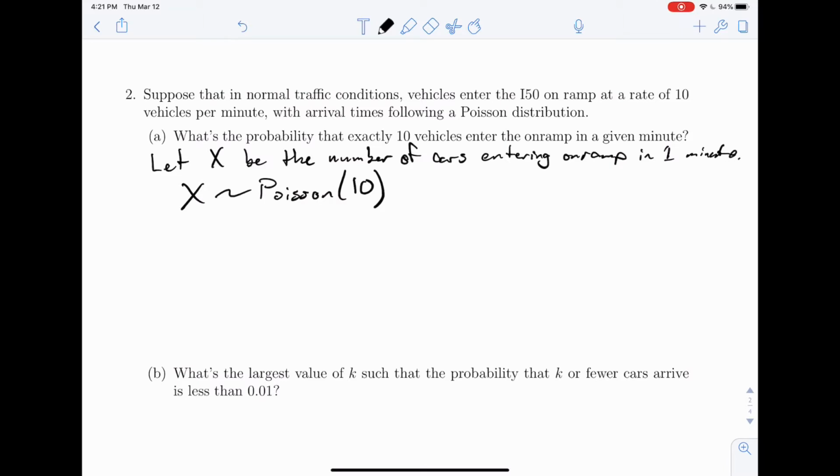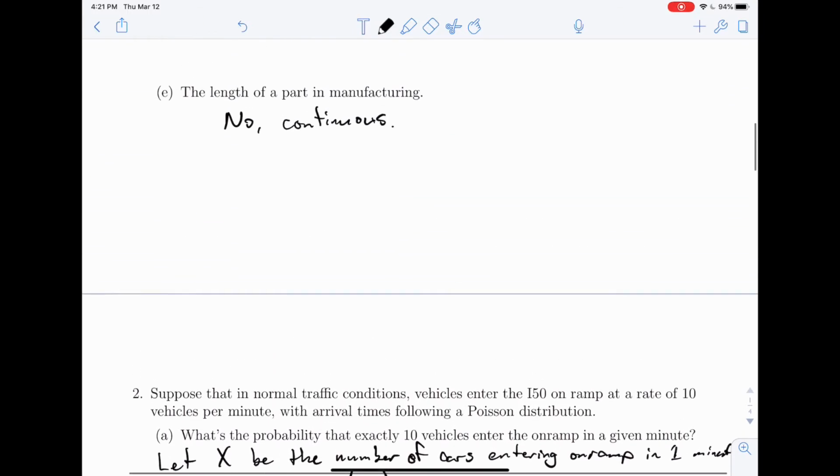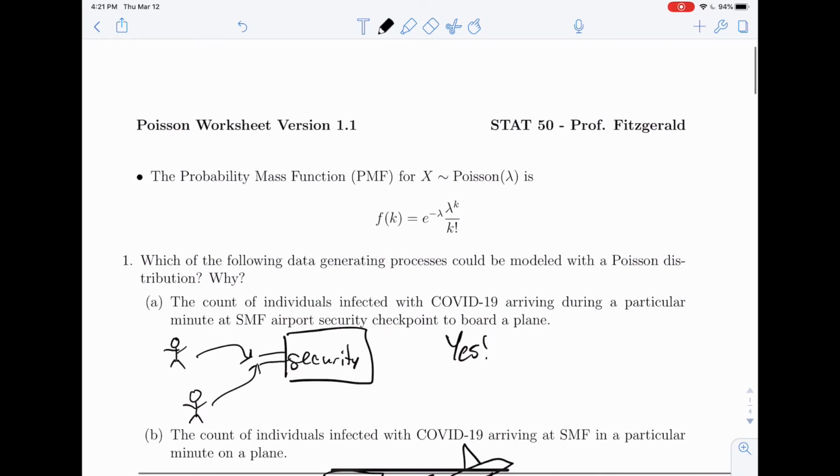Then what's the probability that exactly 10 vehicles enter the on-ramp in a given minute? That is the probability that x equals 10. So you could just apply the probability mass function, which is right up here.